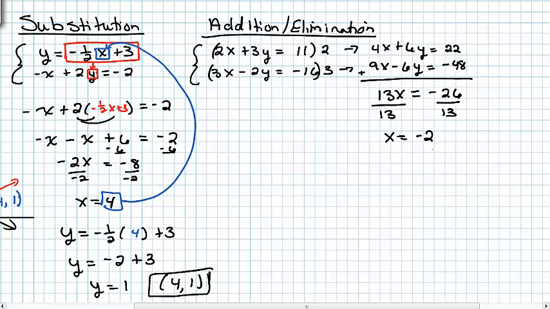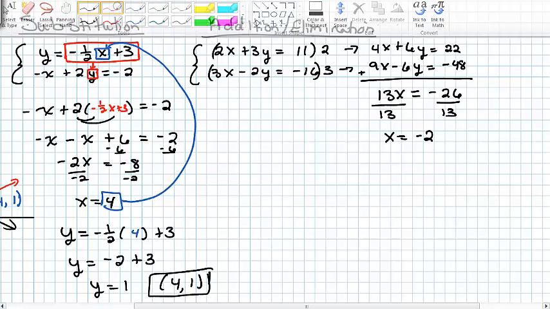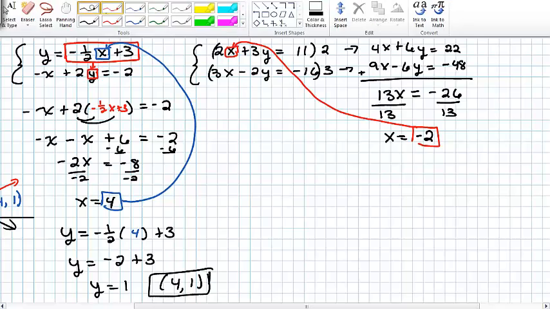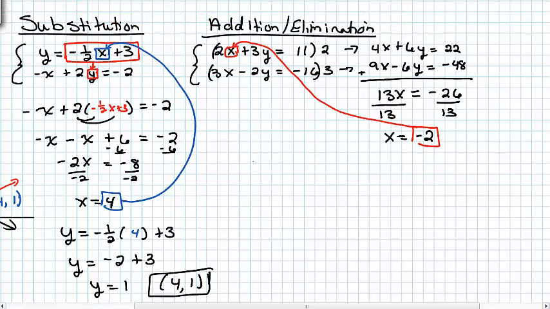So now with the addition elimination method, you can take what you got for x and plug it into either one of the two equations that we started with. I'll always just plug it into the first one. So that's going to be 2 times negative 2 plus 3y equals 11.